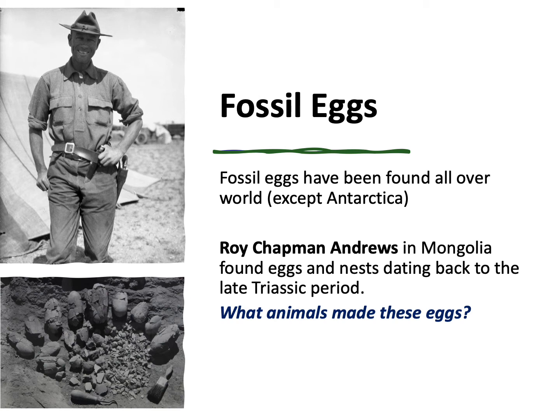So have any idea what could have produced these eggs? Well, large eggs in nests from the Triassic period, a good guess would be dinosaurs. So these are actually dinosaur eggs, and more specifically hadrosaur eggs, but that will be in a later talk.